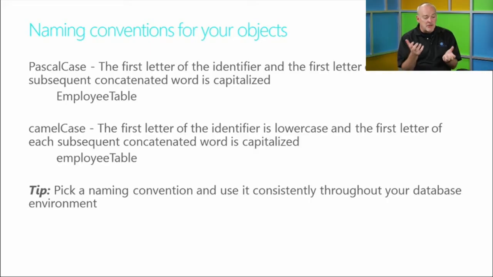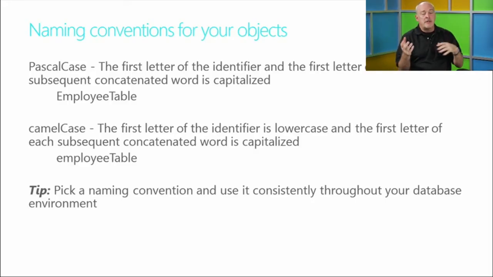Camel case, as you can see, the difference is, with the exception of the first word in the identifier, the first word is lowercase, and then every other concatenated word is capitalized. So whatever your preference is, mine, as I've shared a couple times already, is Pascal case. But whatever you're going to use, be consistent.